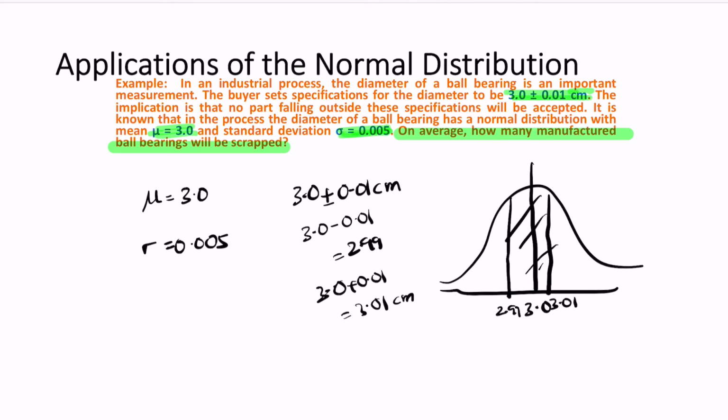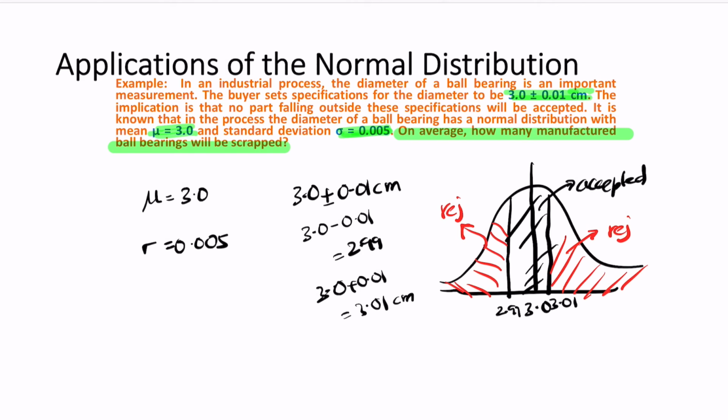So this part is accepted. So which is rejected here? So these are the parts that are rejected. This part is rejected and this part is rejected. So let me write down the probabilities that way. So we are finding two probabilities.